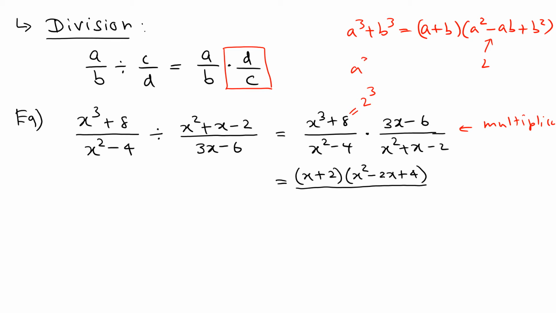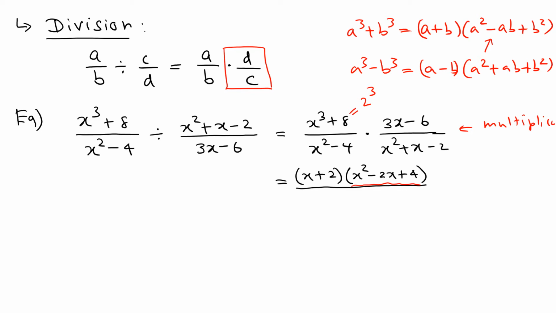If you have a cubed minus b cubed, this is a minus b times a squared plus ab plus b squared. That's what we use for the first term.